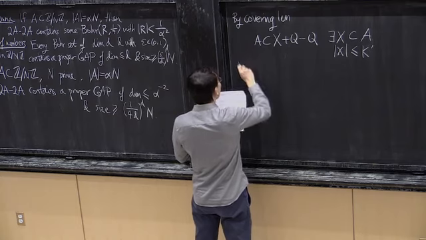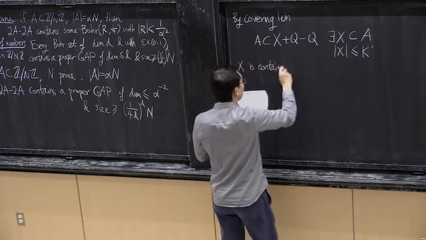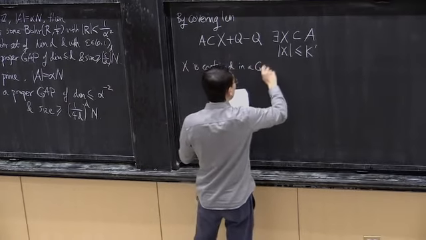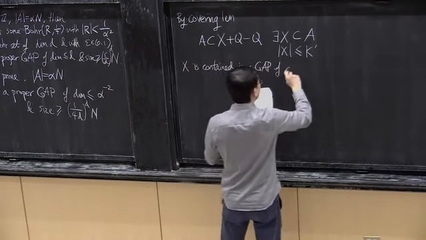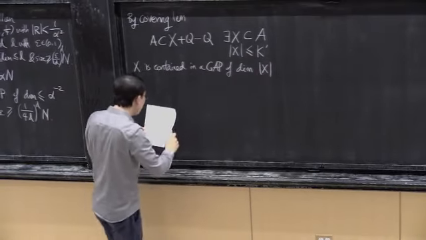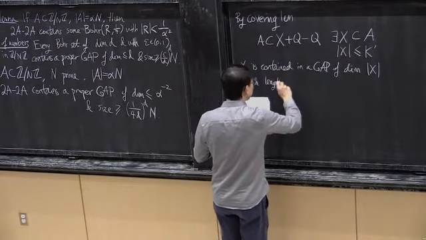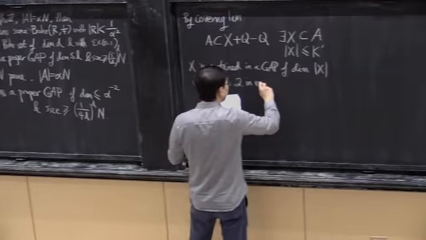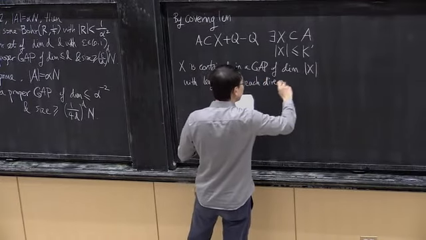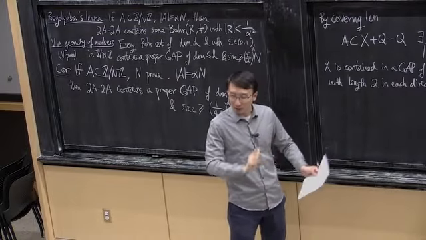First, note that X is contained in a GAP of dimension size of x, or size of x minus 1, with length 2 in each direction. So add a new direction for every element of x. It's wasteful, but everything's constant.